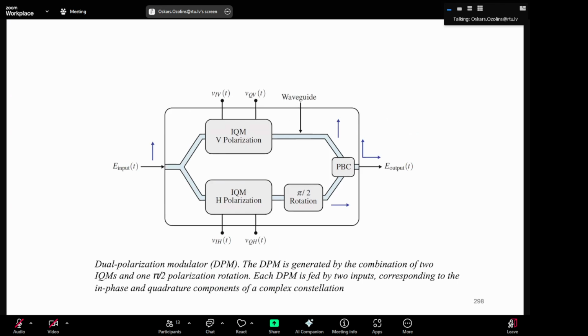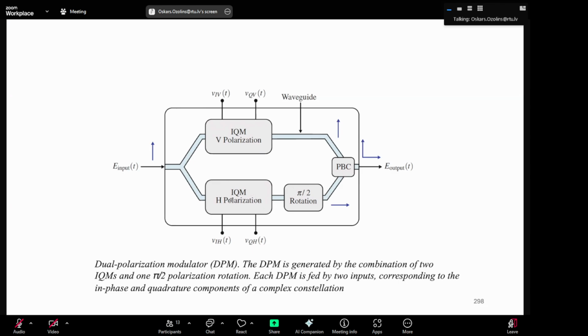And then you can also use this dual polarization modulator, where you use two IQMs. What happens here is that you have an IQM for one polarization and an IQM for the other polarization.